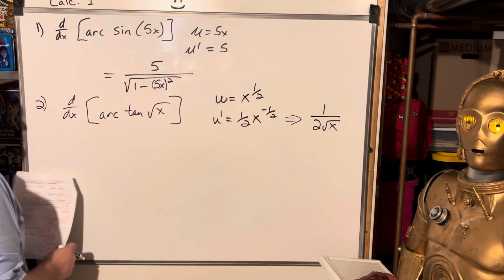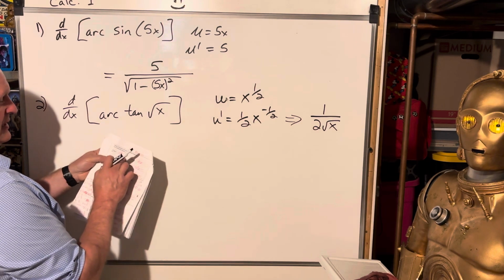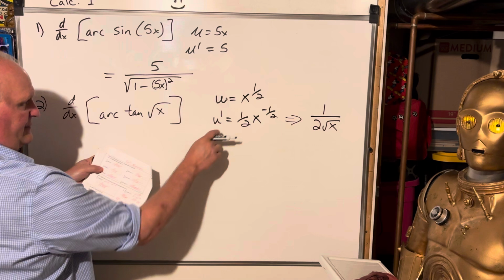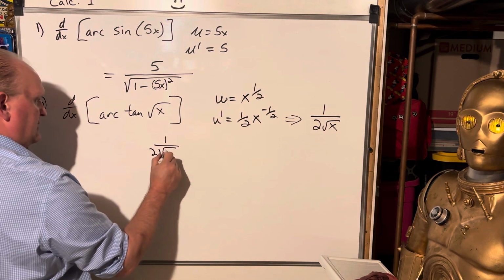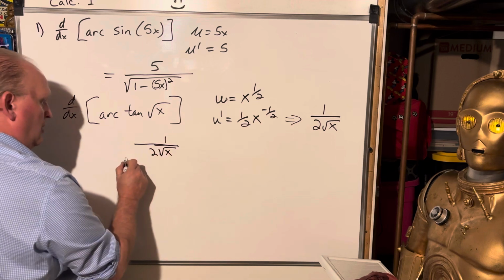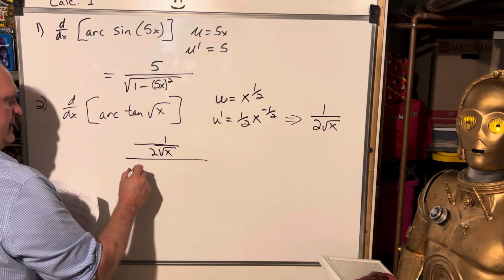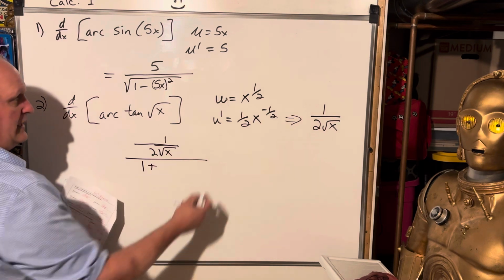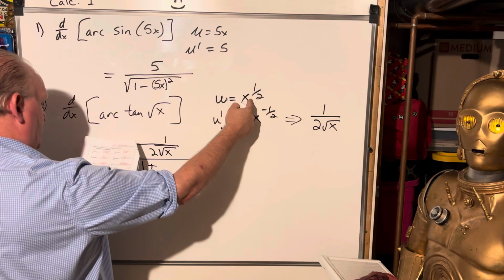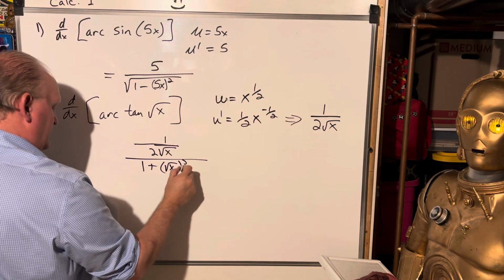And so then what do we have for the arc tangent? If you look up at the arc tangent, it says it's u prime. So 1 over 2 square roots of x over 1 plus u squared. So this squared. So the square root of x squared, which is just going to be x.